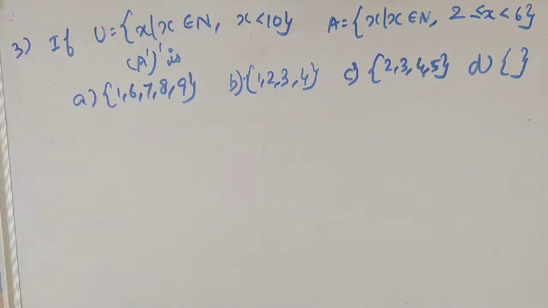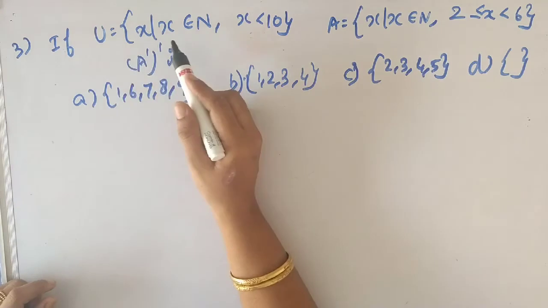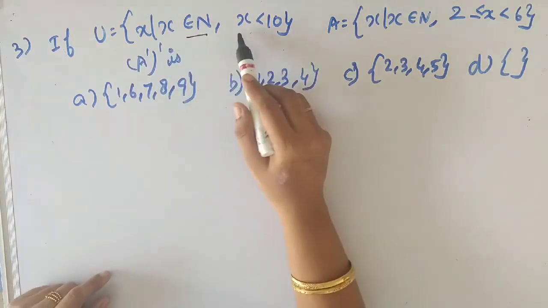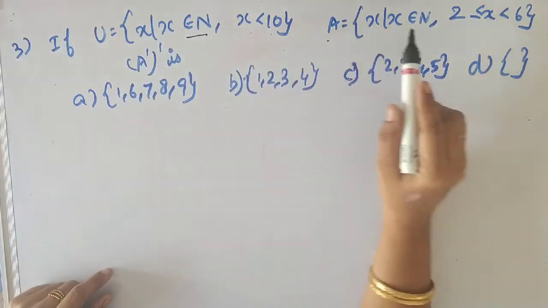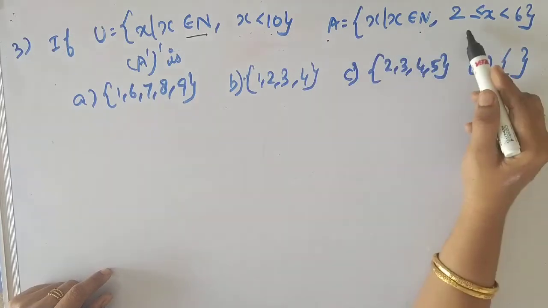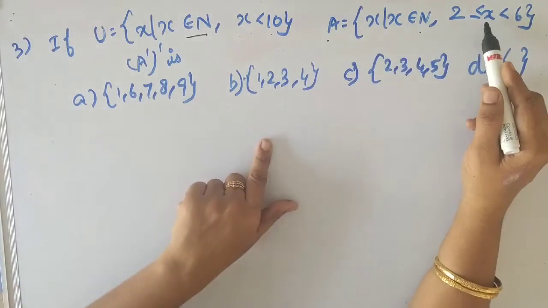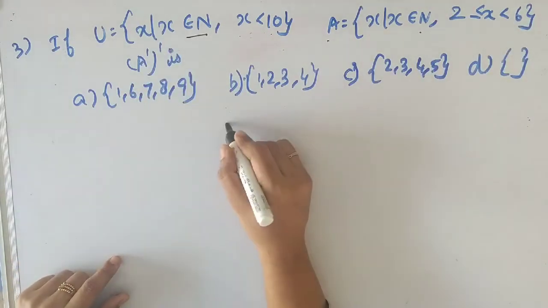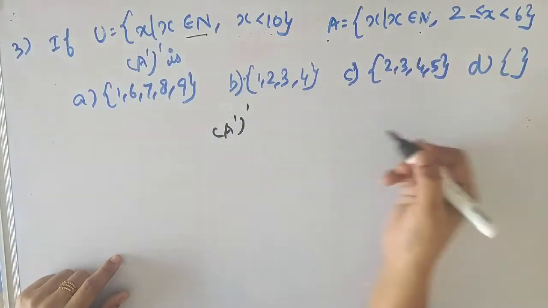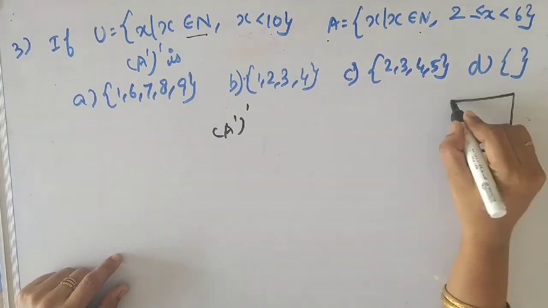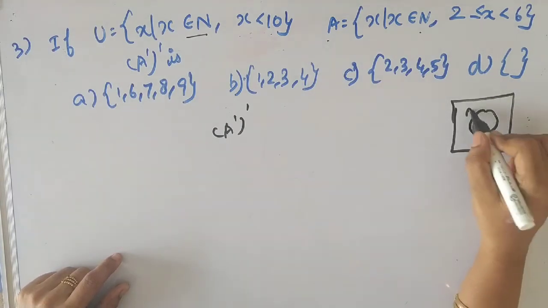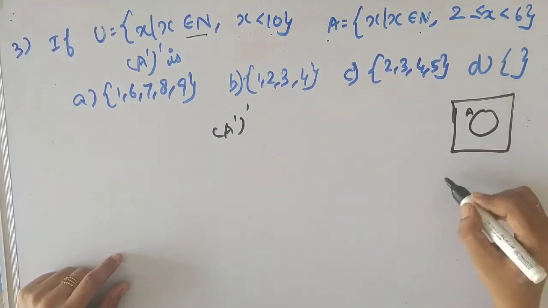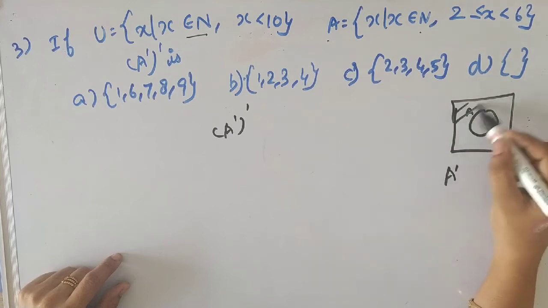Clear? Now the third question is, here u is given as x where x is an element of natural number, x is less than 10. And a is equal to x is a natural number and x is greater than equal to 2 less than 6. Now we have to find a dash the whole dash. Now let me clear you what is a dash the whole dash. Here in the Venn diagram a is given. What is a dash?